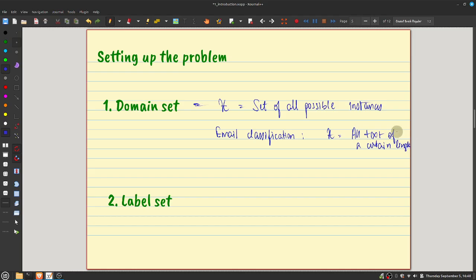So basically, it consists of a bunch of characters, which have at least one character and maybe a maximum of, I don't know, a certain number of characters, perhaps. In the case of, let's say, song classification, maybe the domain set is the set of all audio files of a certain duration, maybe.